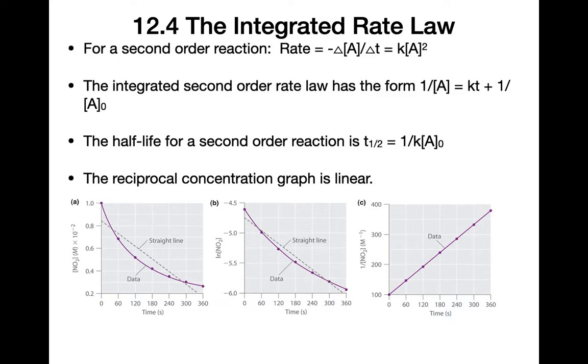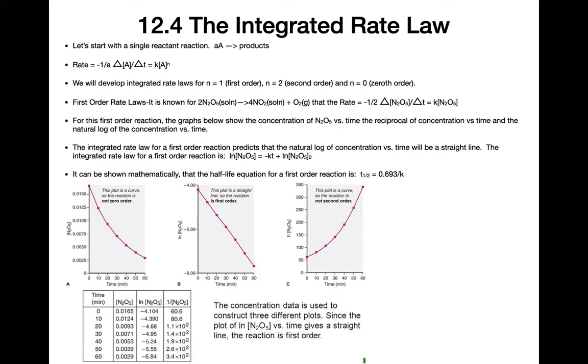Now, for these reactions, the half-life is found to be 1 over k times the concentration of A naught. That would be the equation for the half-life. Now, I think I forgot previously on the previous slide, let's go back to that. Mathematically you can plug in numbers and solve for the fact that the half-life of a first-order reaction equals 0.693 divided by k.